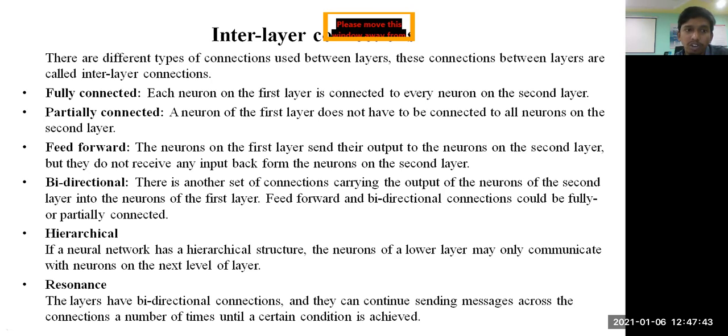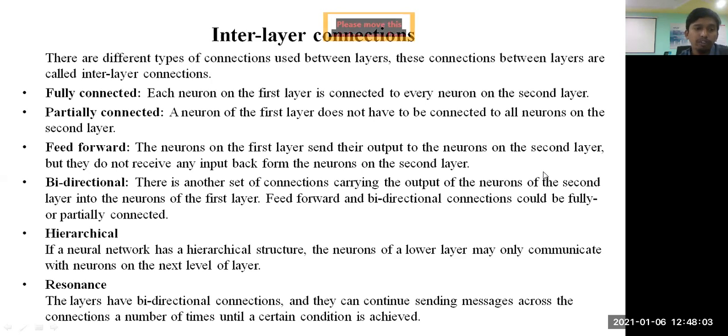If it is not so, it is partially connected. A neuron of the first layer does not have to be connected to all the neurons of the second layer. So if it needs to be connected, it is fully connected; if it does not need to be connected, it is called partially connected.